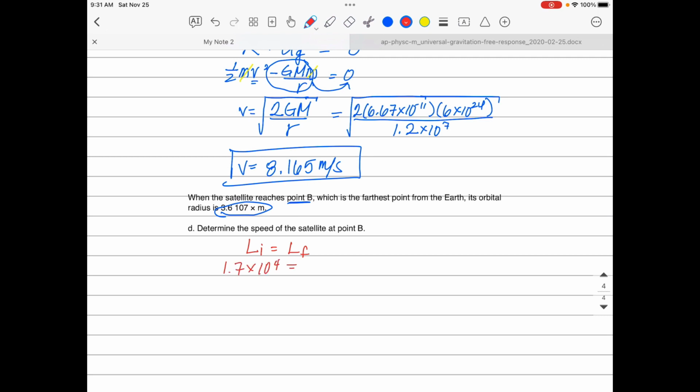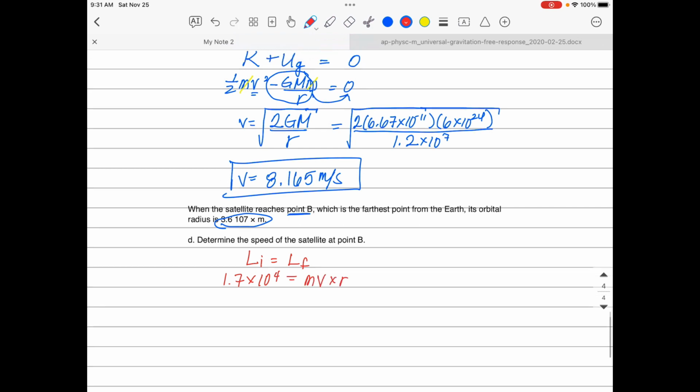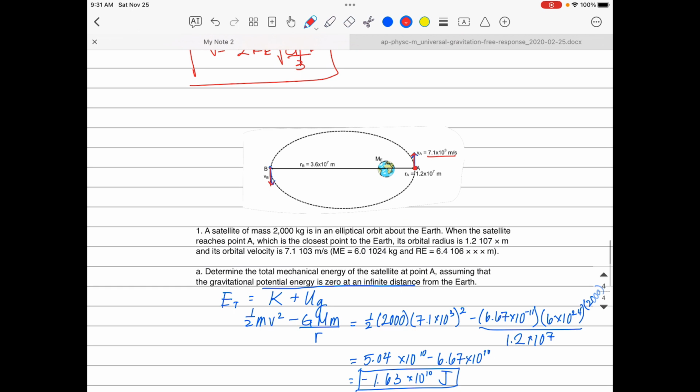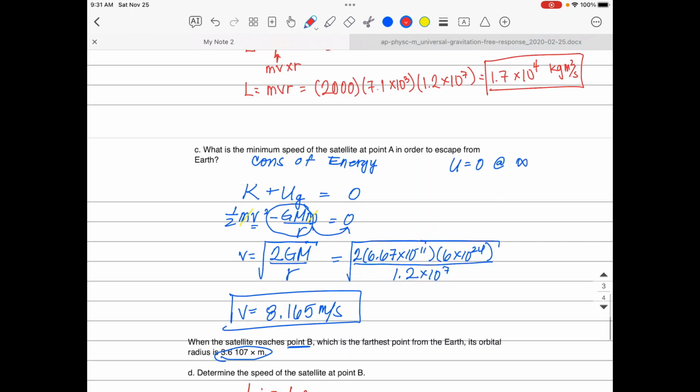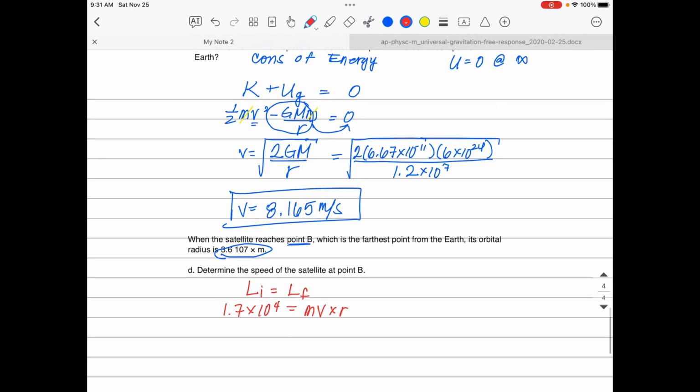And the final momentum is angular momentum, which is momentum cross radius, which is mass times velocity cross r. And what's nice is we want the perpendicular component, which it's already perpendicular. So it'll be the mass of the satellite, 2,000. We're solving for VB, and the radius is 3.6 times 10 to the 7th.